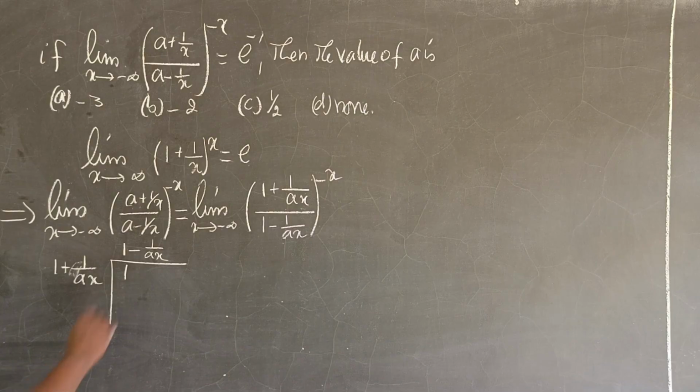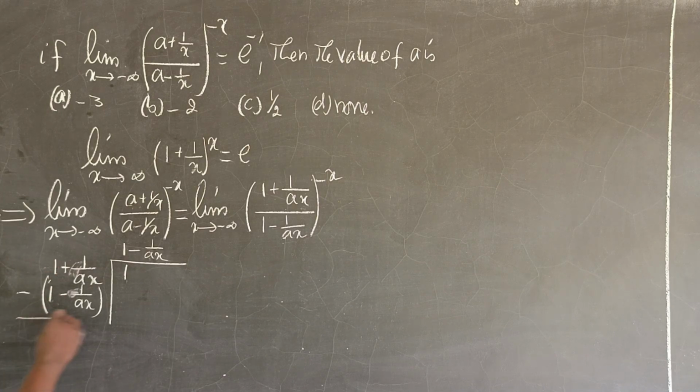Let's put 1 here. This times this, we have 1 minus 1 over ax. Then negate. 1 minus 1 is 0. 1 over ax minus minus 1 over ax will be 2 over ax.